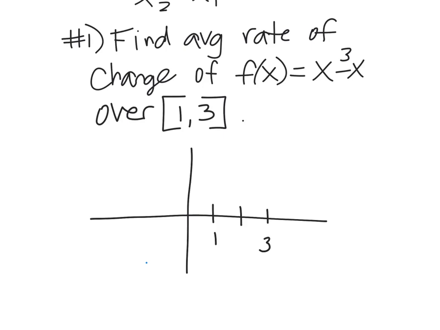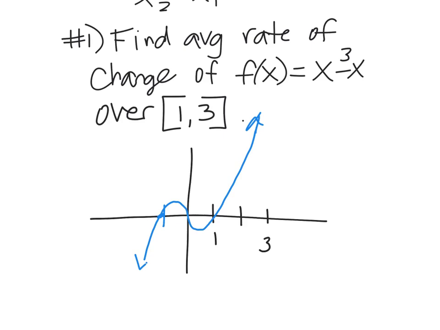It doesn't go as a line. I should draw that a little bit better. It goes through -1, it goes through 0, okay, it looks something like that. It's curving, it's not a line. I drew it a little straight, but you get the idea.